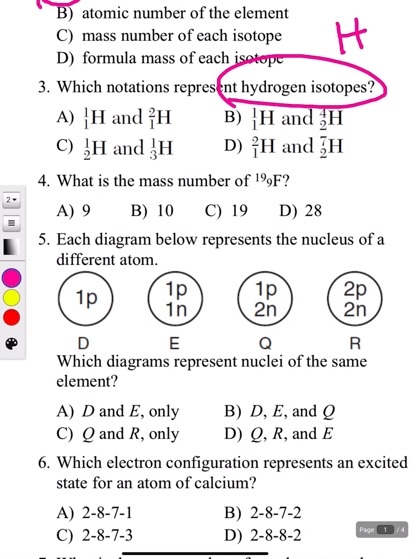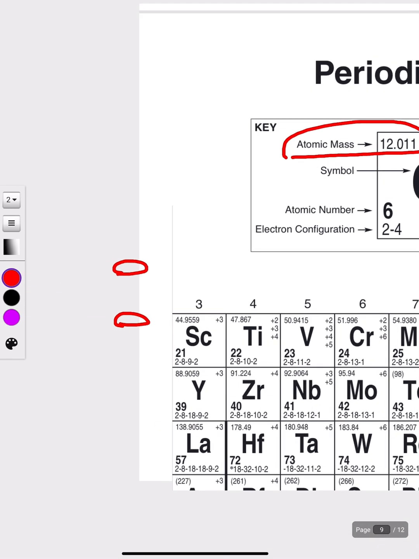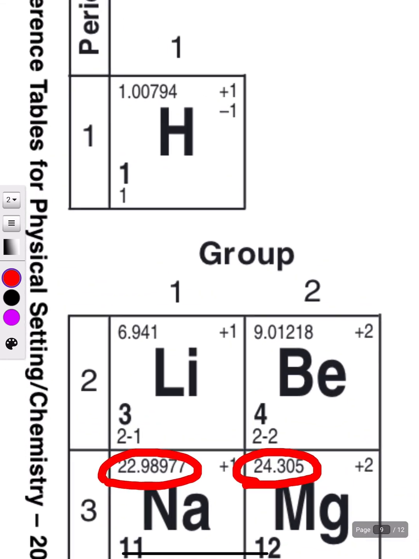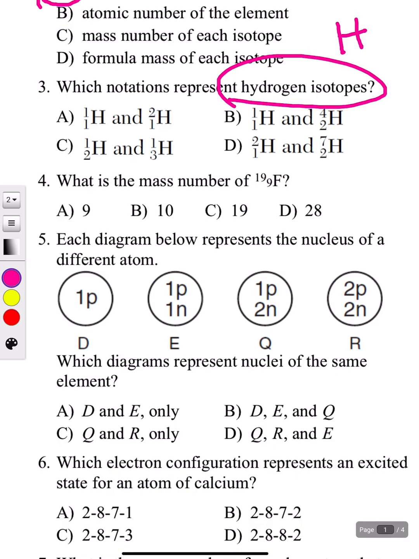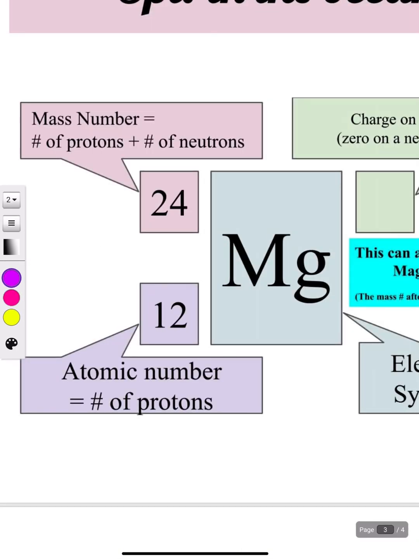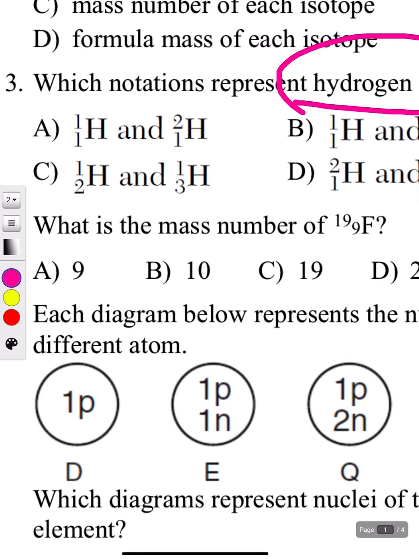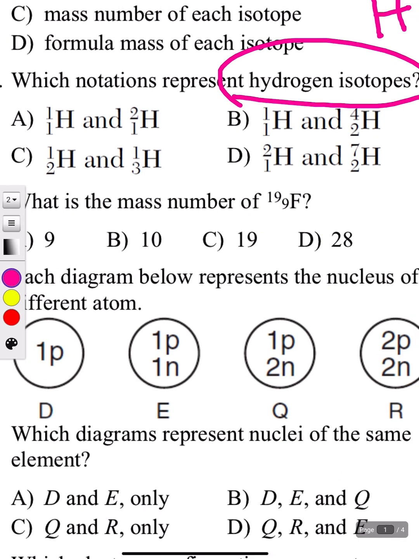Now, if I go to the reference table and look for hydrogen, hydrogen only has one proton. So I should be looking for the one that has 1 as the atomic number, the bottom left number. I see that A has the bottom left number as 1 for both isotope notations.